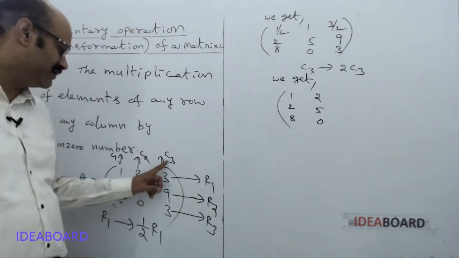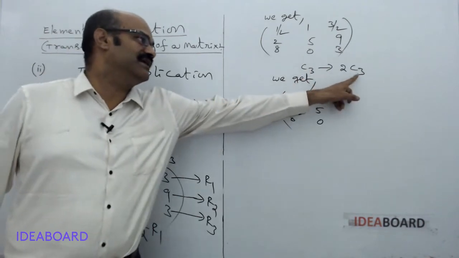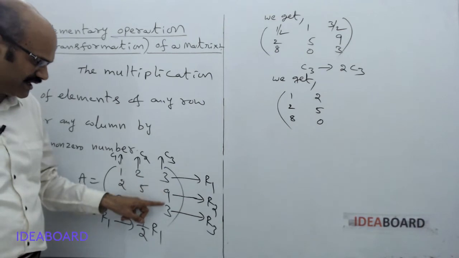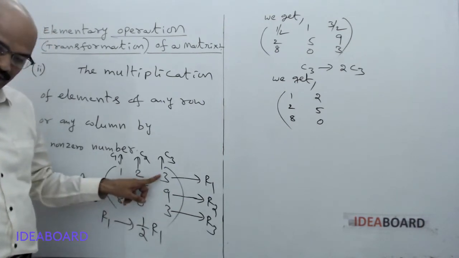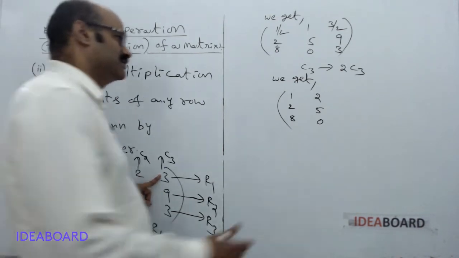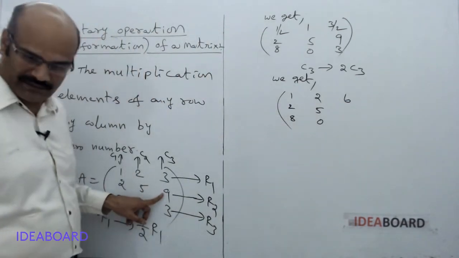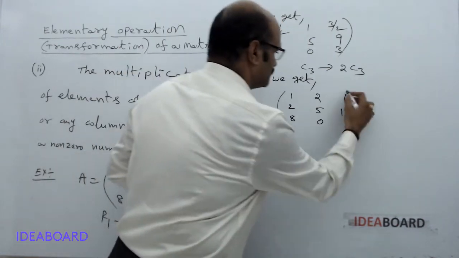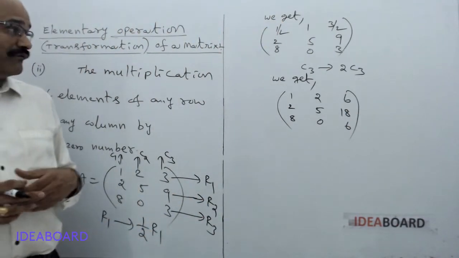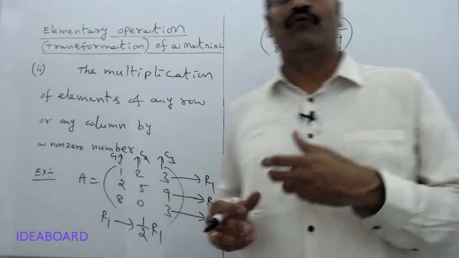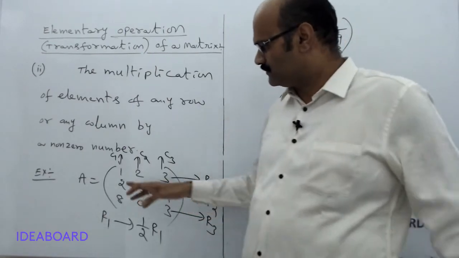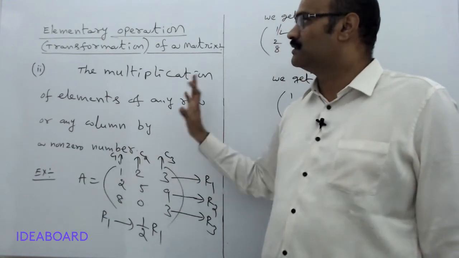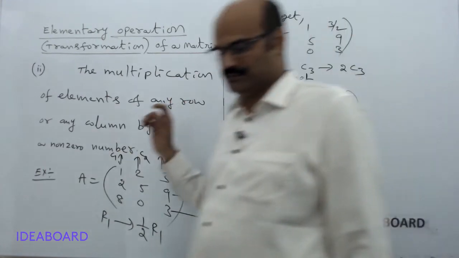We multiply each and every element of C3 by 2. In C3 we have the elements 3, 9, 3. So 2 into 3 is 6, 2 into 9 is 18, and 2 into 3 is 6. So whenever you have a matrix, we can multiply any row or any column by a non-zero number. This is the second property.